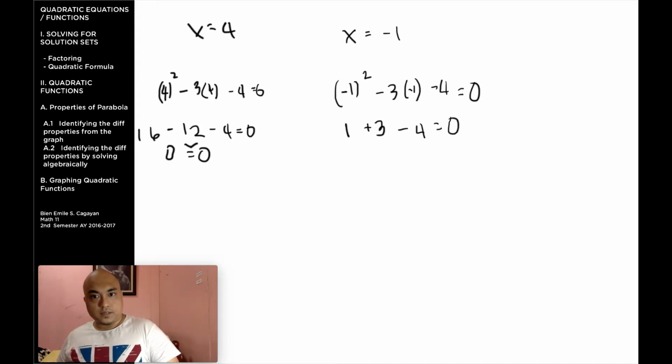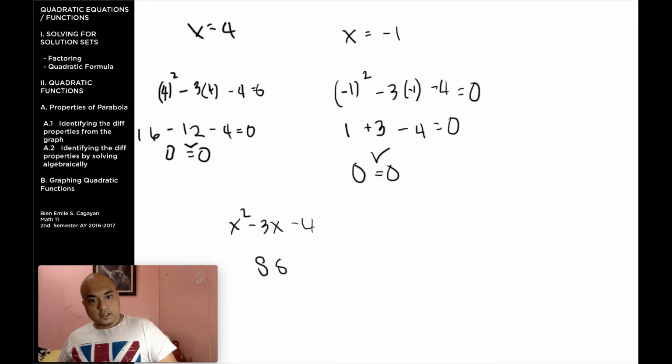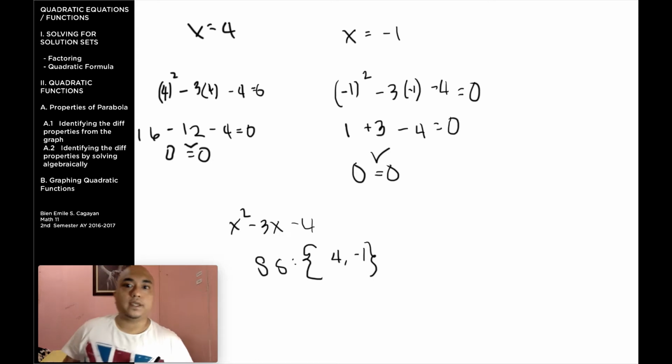So 1 plus 3 is 4, minus 4 is equal to 0. So 0 is equal to 0. So our solution set for the equation x squared minus 3x minus 4 is 4 and negative 1.